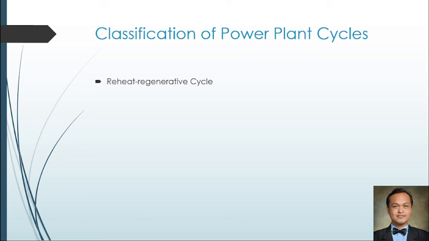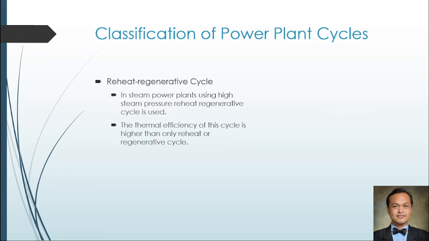Reheating regenerative cycle is a combination of the 2 cycles, the reheating and regenerative. The thermal efficiency of this cycle is higher than only the reheating or the regenerative cycle.